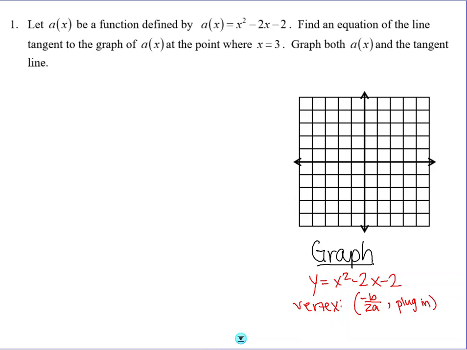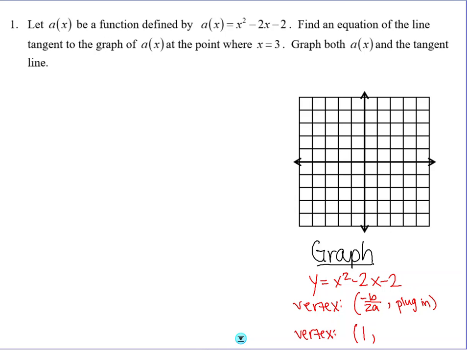So in this case, our vertex, we would have negative b, so negative 2, over 2 times 1. So that is just 2 over 2, which is 1.